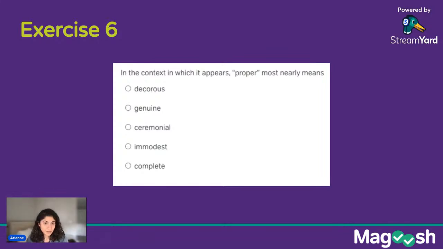So we've confidently eliminated B, C, D, and E, which leaves us with the chorus. The chorus is the right answer. And just so I can give you the actual definition, the chorus means in keeping with good taste and propriety, making a good substitute for proper in this passage.